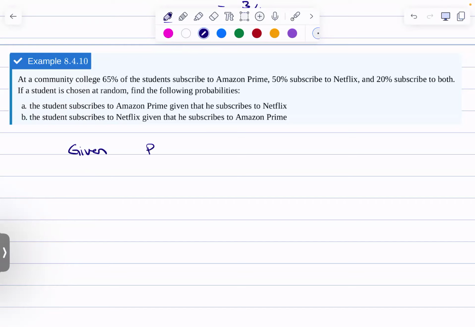And so we want to find the probability of Netflix given Prime, which is going to be the probability of N and P divided by the probability of P. The probability of N and P is the same as P and N, which is 0.2, and the probability of P is 0.65. 0.2 over 0.65, or roughly 0.3076923077.